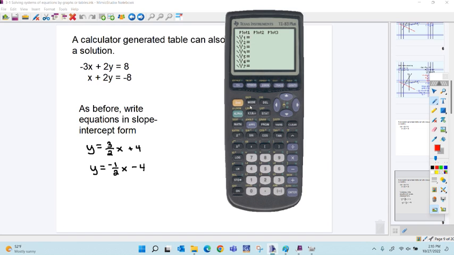We're going to push y equals. Clear that, and I want you to put the equations into these two places. So we're going to do 3 divided by 2 x, for the top one, plus 4.